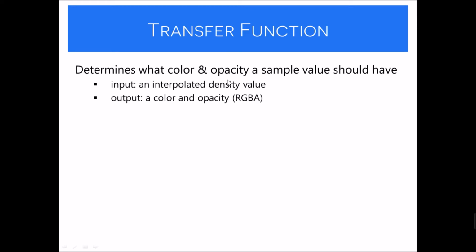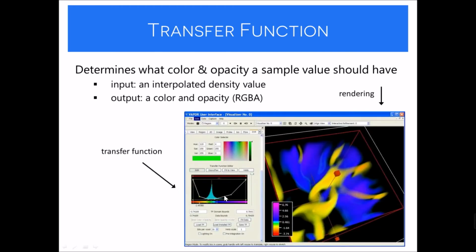This is a mapping that takes a density that you got from the image, that you interpolated. Remember the interpolation? You interpolated only a scalar value, like a density value, from the density volume. Now you turn that into a color and opacity, like this RGBA tuple. That's basically how it works.